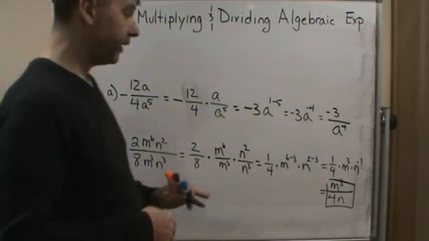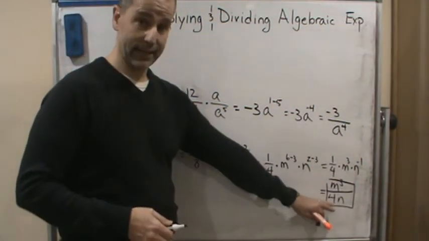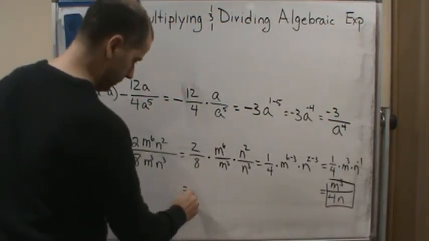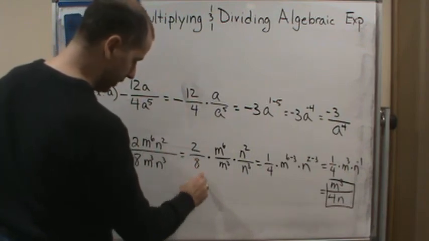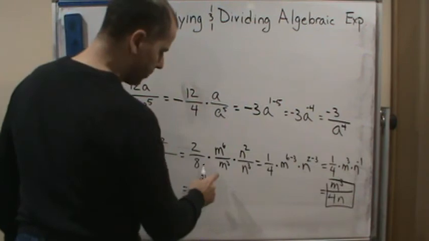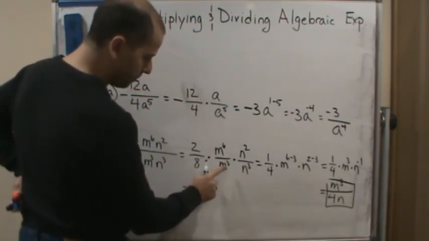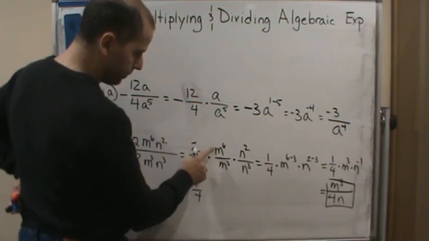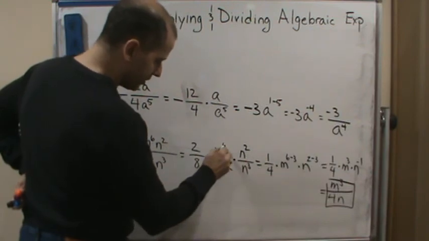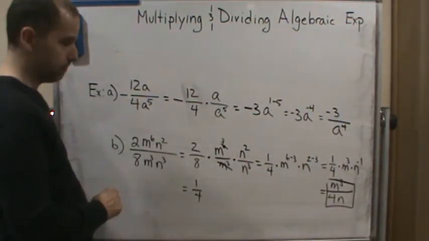Now, there's another way to get the same answer, so let's go back to this. Right here, I could again reduce the fraction to 1/4. Now, watch what happens. I have 3 m's multiplied here and 6 m's multiplied here. These 3 m's will cancel with 3 of the m's up here, and I'll end up with 3 m's.